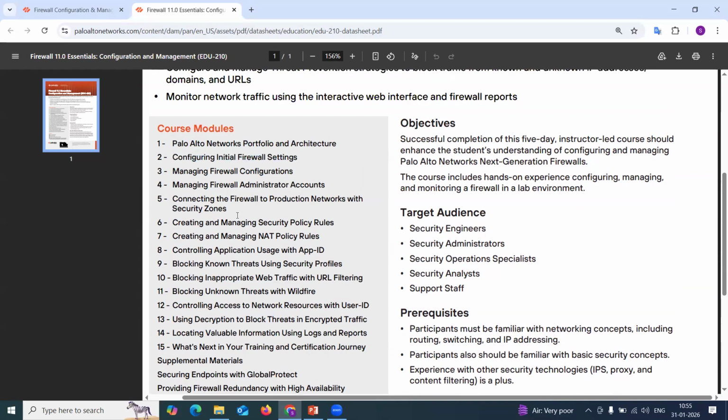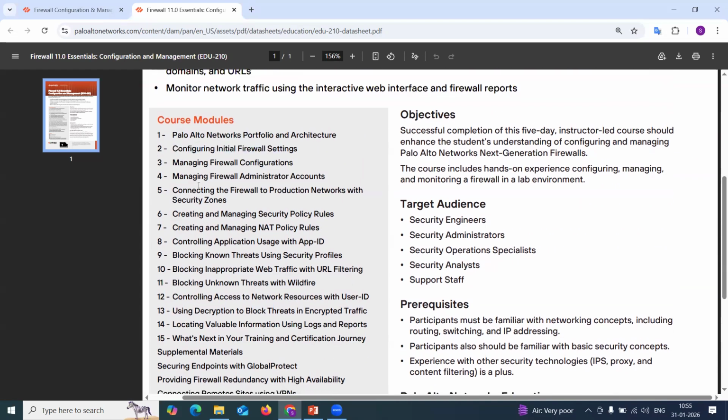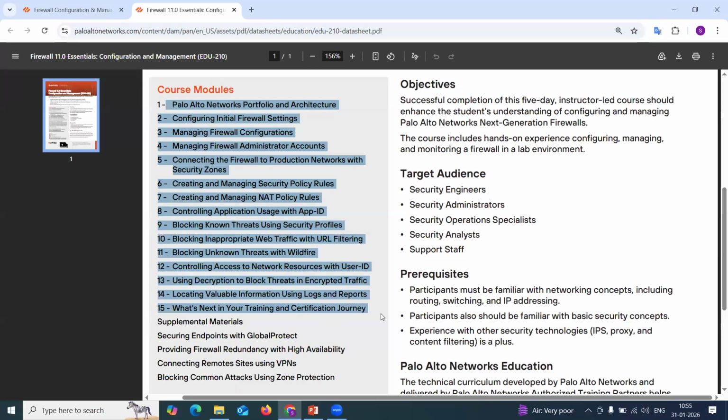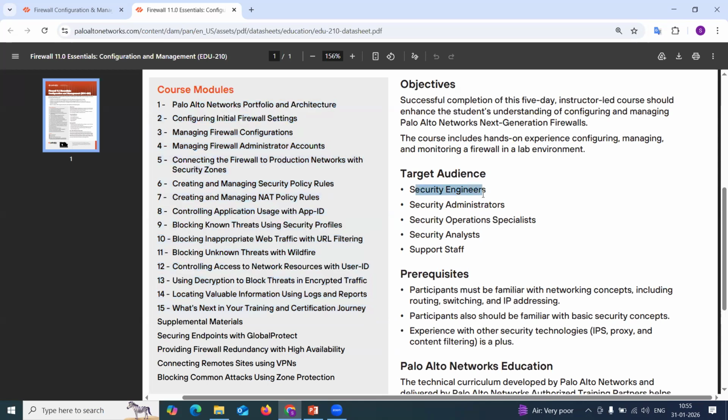It's not much. It's like 3, 4 days of content that they have given. This much they want you to understand as a basic Palo Alto firewall engineer. Targeted audience, you can see network security engineers, administrators, operations specialists, analysts, support staff.